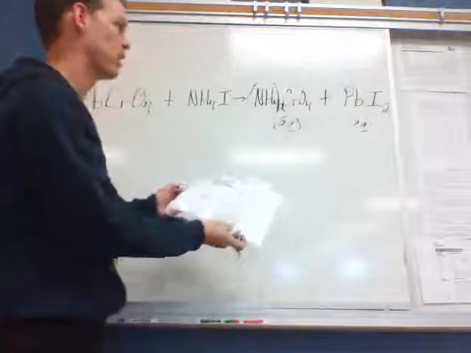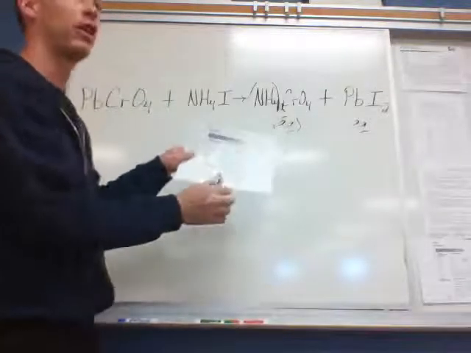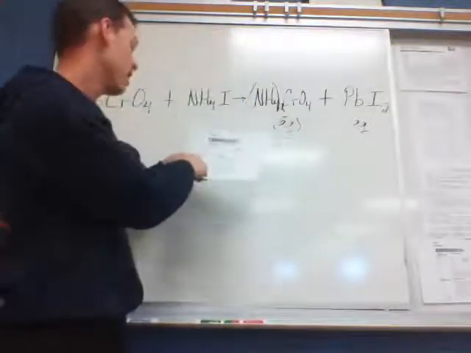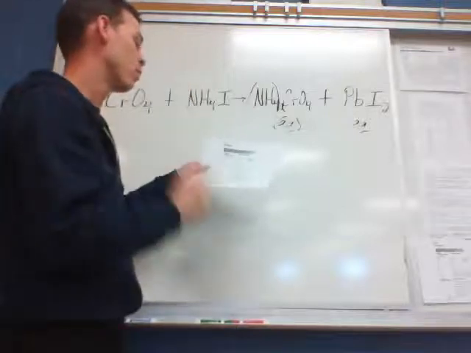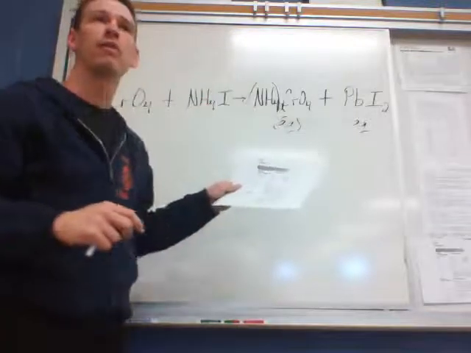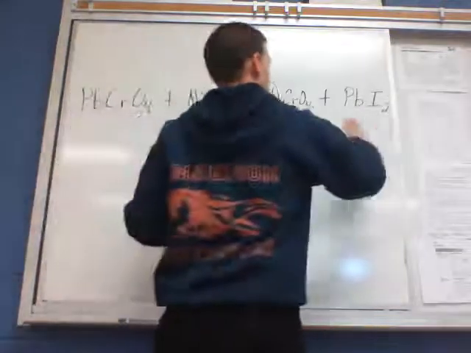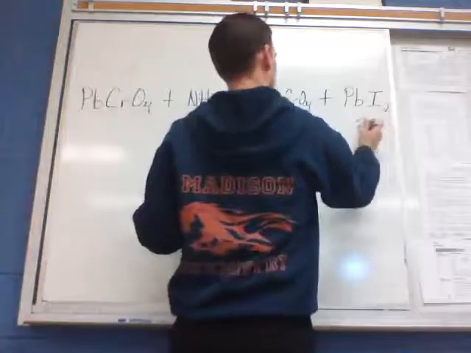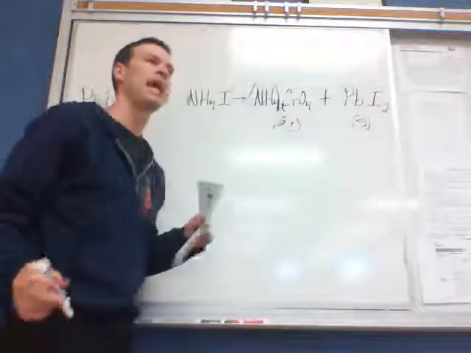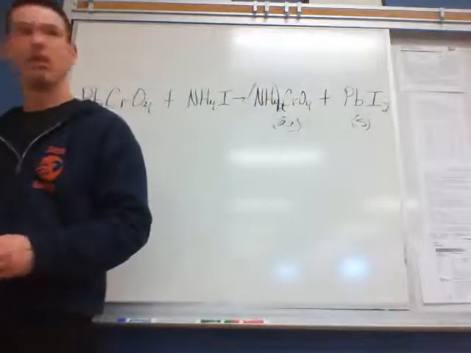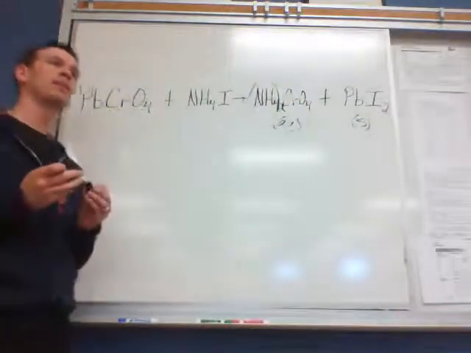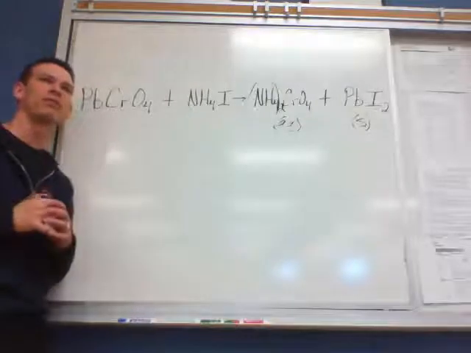I haven't checked the exceptions yet. But it's usually aqueous. Let's look at his exceptions. Unless he's bonded to silver, lead, or mercury. Is he bonded to one of those exceptions? Lead is an exception. So let's push him the other way. There's my precipitate. Lead 2 iodide is the precipitate of this reaction.